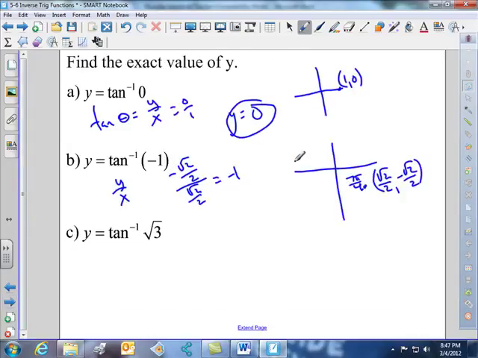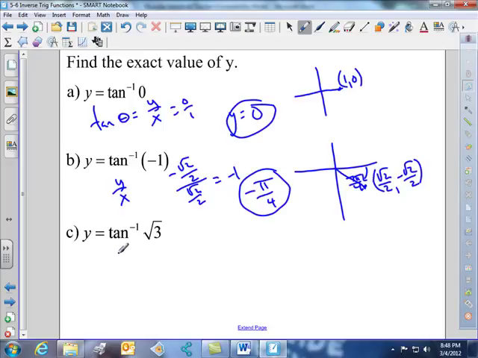Well, that 7 pi over 4 is not between negative pi over 2 and pi over 2. What we can say, however, is if we rotate in this direction pi over 4 units, we can actually call that negative pi over 4. So your answer there would be negative pi over 4.